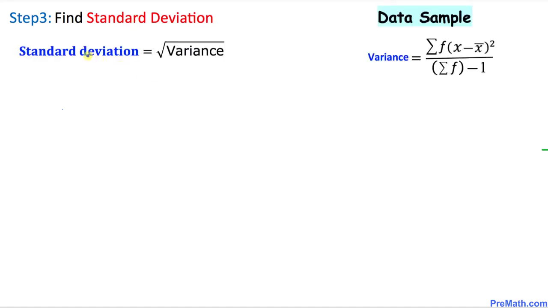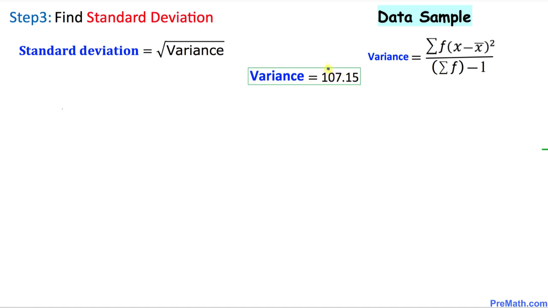And finally, in our step 3, we are going to calculate the standard deviation. And here is the formula that we will be using. Standard deviation is always equal to the square root of the variance. And here is the variance formula over here. And this once again is the sample data set.